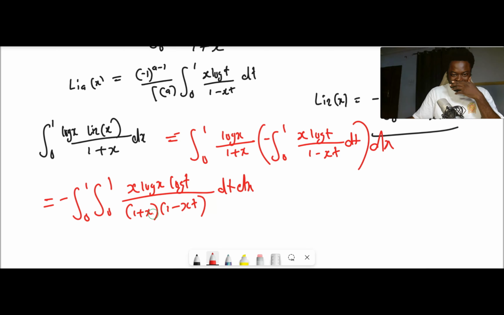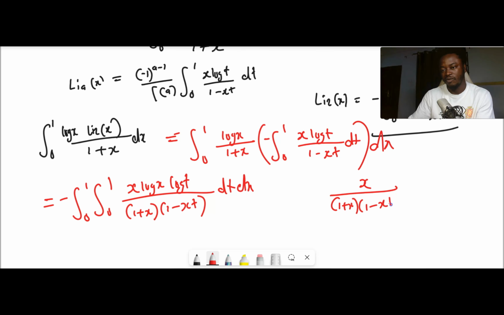Now forget the log terms. Observe that here you have an algebraic term, x over 1 plus x, and then 1 minus xt, and we can put this in partial fractions, and this would be 1 over 1 plus t. Then on this side you have a 1 minus xt, and on this side you have a 1 plus x.